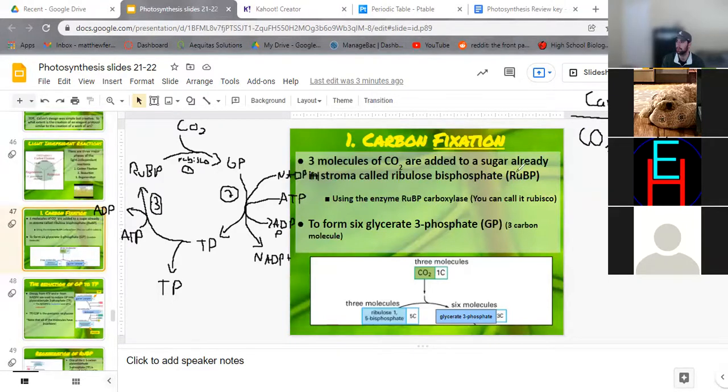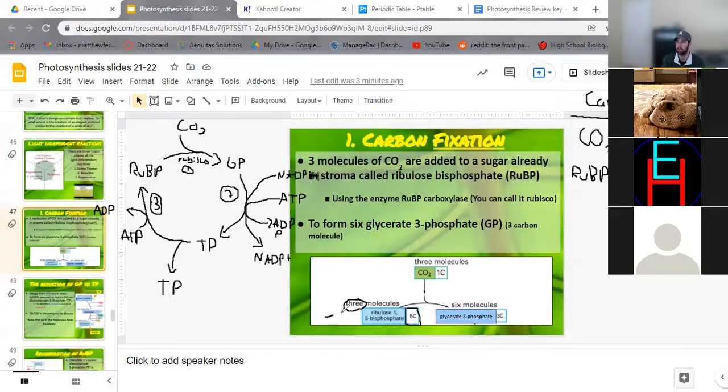I'm also told about another molecule called ribulose bisphosphate, or RuBP. This graph down here tells me that RuBP is a 5 carbon molecule. However, this also tells me that there are 3 molecules of RuBP.